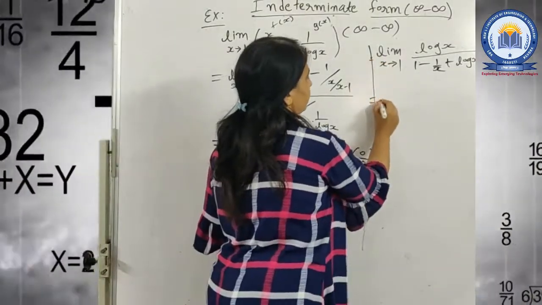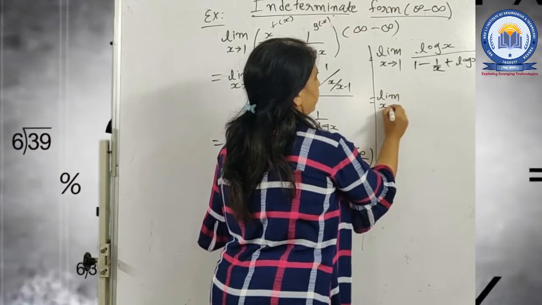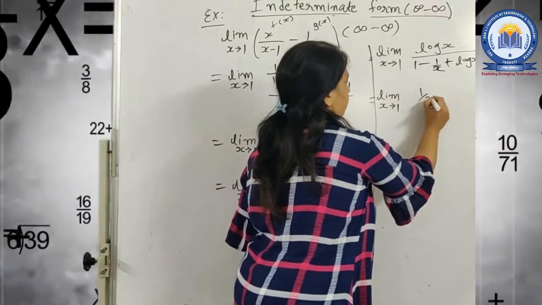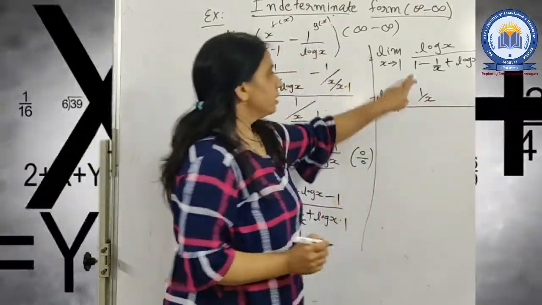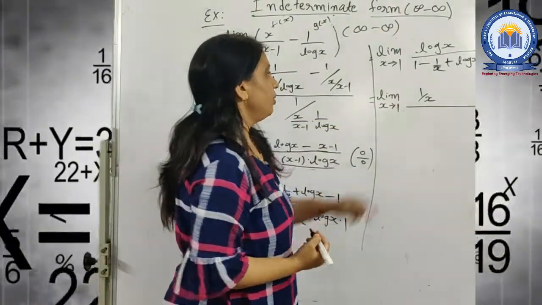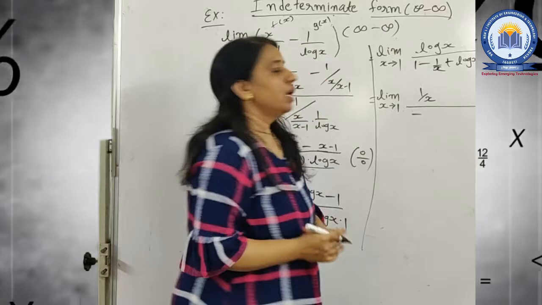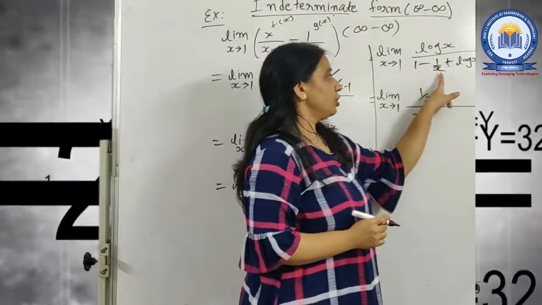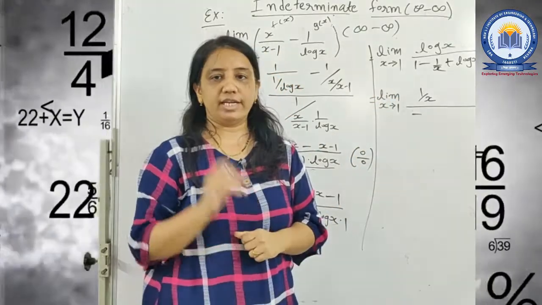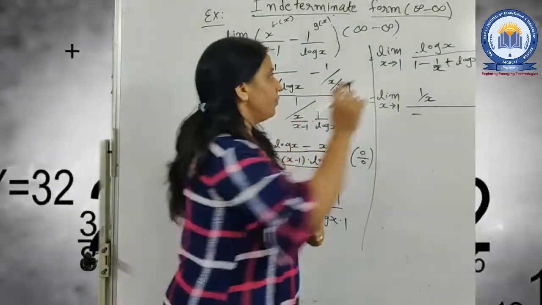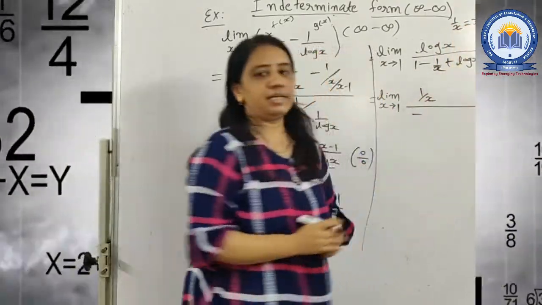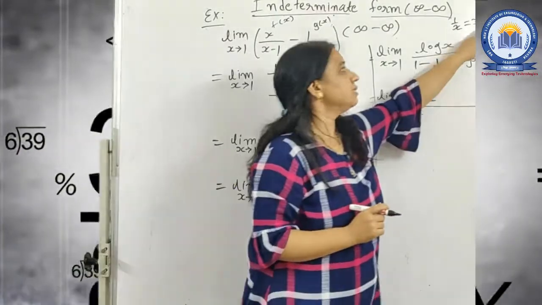So equal to limit x tends to 1, log x, that is 1 by x, upon... This one becomes 0, the differentiation of a constant is 0, minus 1 upon x. The differentiation of 1 upon x, that is 1 upon x, that means what? It can be x raised to minus 1. 1 upon x, we can consider it as x raised to minus 1.